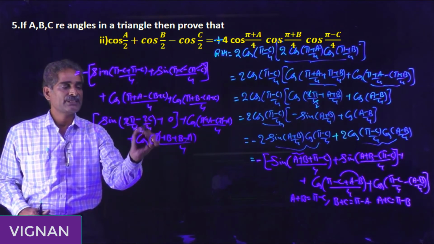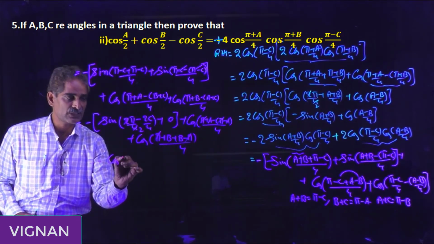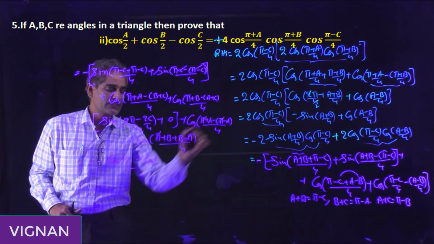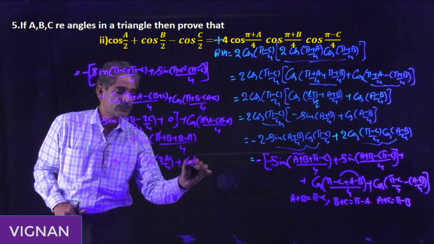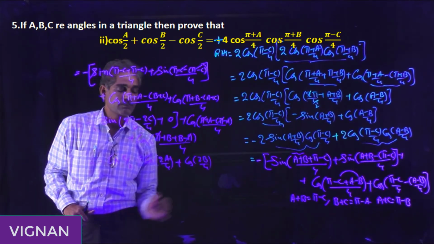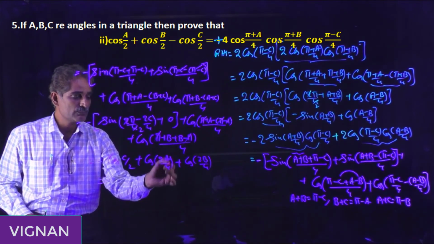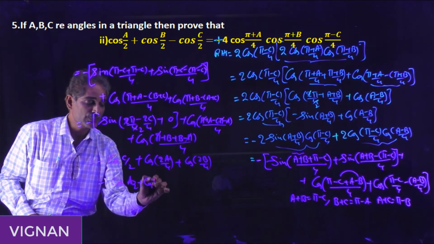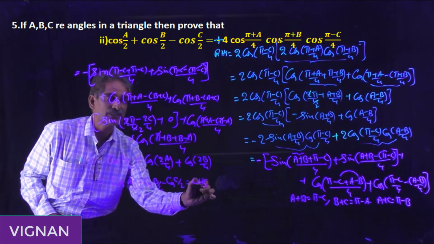Here sin of (90 minus theta) is cos theta, that means cos 2c by 4 means cos c by 2, plus cos of 2a by 4, plus cos of 2b by 4. So 2b by 4 means b by 2, 2a by 4 means a by 2. That means cos a by 2 plus cos b by 2 plus cos c by 2. This is equal to the LHS.